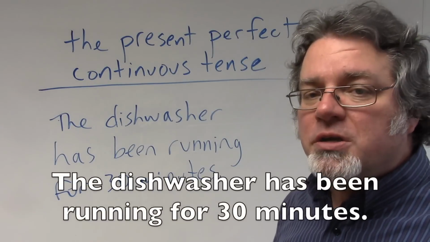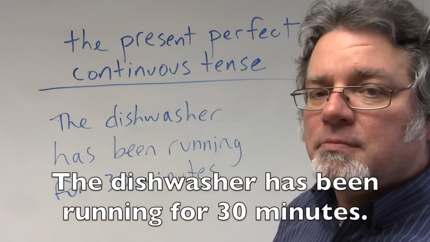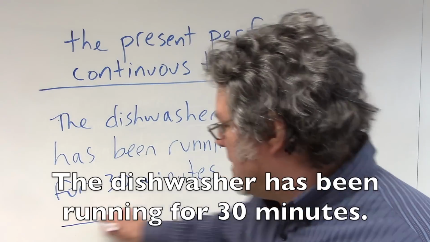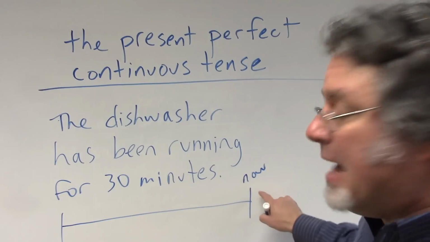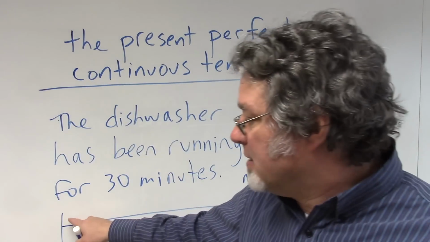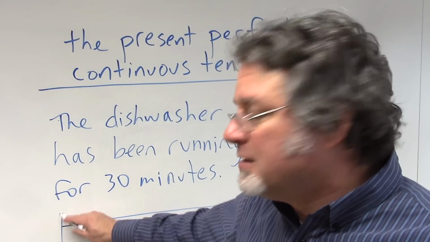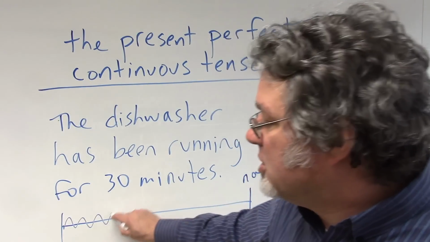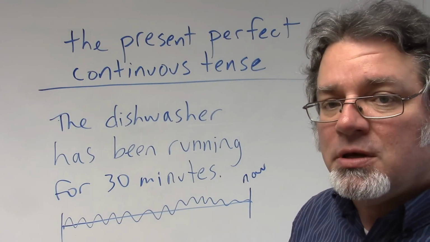The dishwasher has been running for 30 minutes. So on the timeline, this is now, and this is 30 minutes ago. And since that time, the dishwasher has been running continuously.